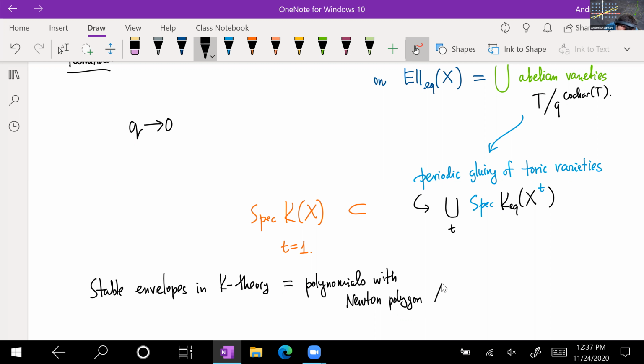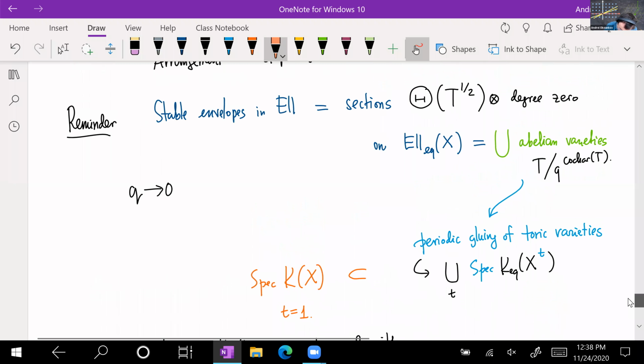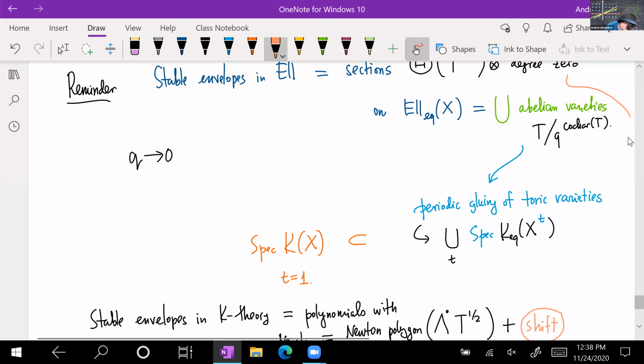Of the form, you take the exterior algebra of the polarization, the Newton polygon, plus a shift. That's the analog of being the theta function of the polarization, plus this real shift. That additive shift comes from degree 0 here.